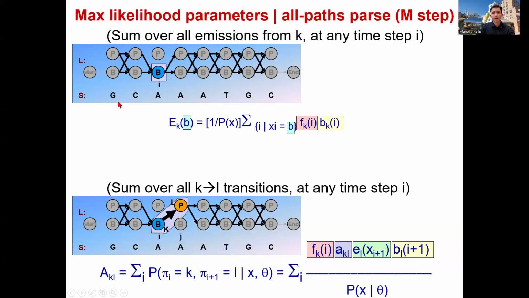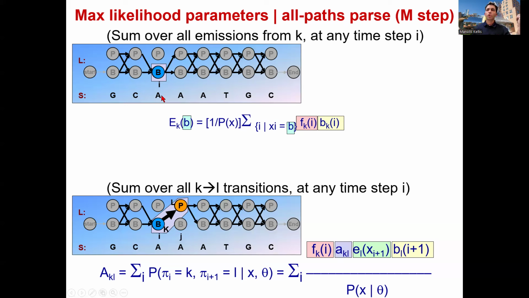This is the only thing that I have, based on the total parameters. So basically the question is, instead of taking a single path, what I'm now going to do is sum over all possible paths ending up at that state, and then of course continuing on to the entire sequence at position i. And then, now that I have that total probability, I just count how many times did it emit A.